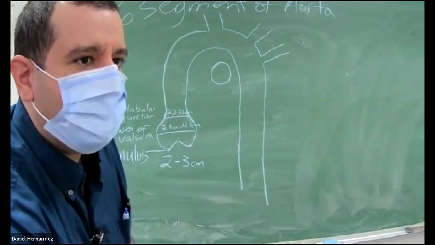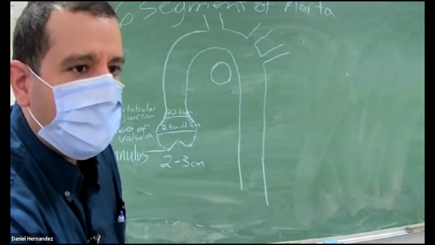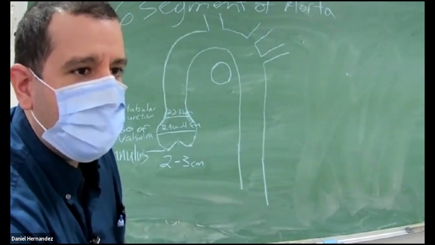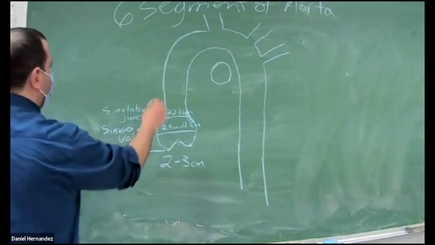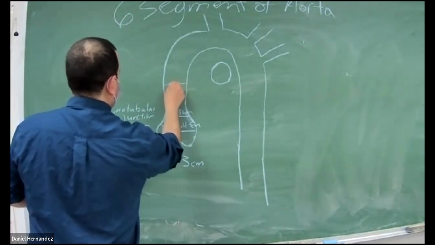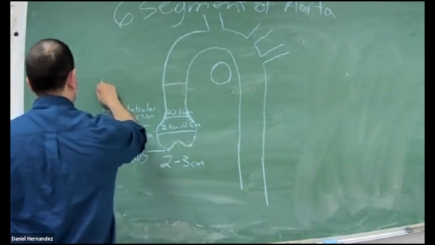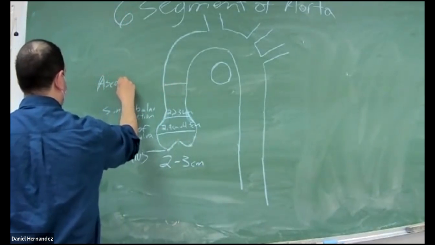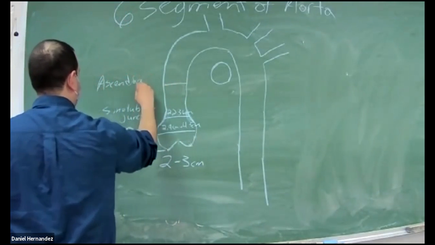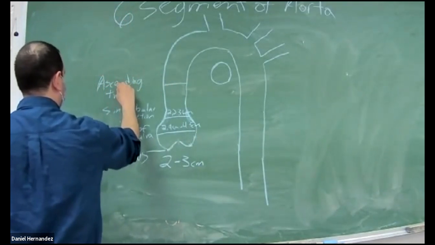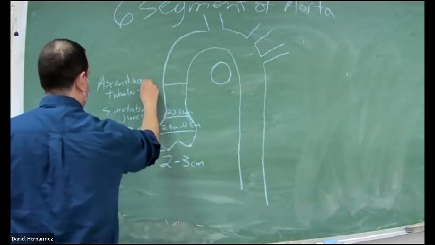As we continue up the aorta, we get into the ascending tubular aorta.